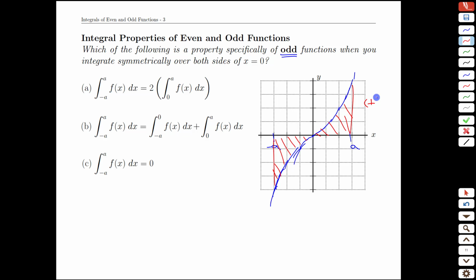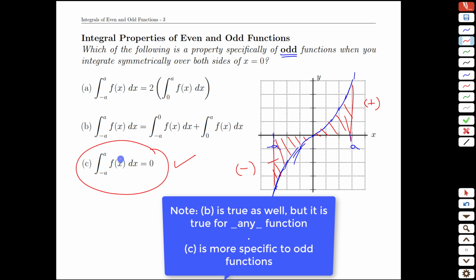One is above the axis though, so it'll contribute a positive quantity to the integral, and one is below the axis, so it's going to subtract, and because we're going in an exactly symmetric interval size, we're going to have exactly balancing areas here because the function is odd, and so we're going to get perfect cancellation and we're going to end up with a 0 value for that integral.